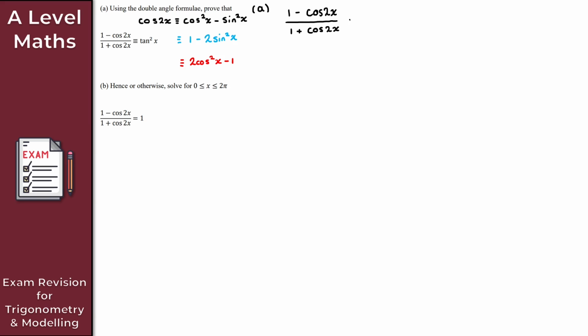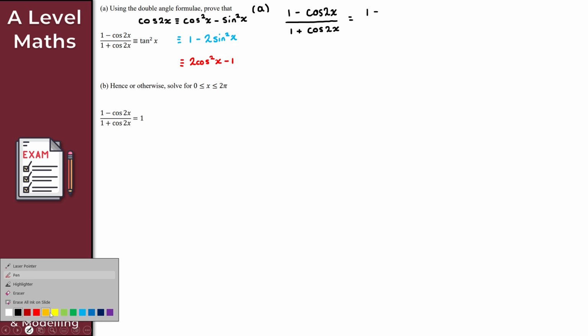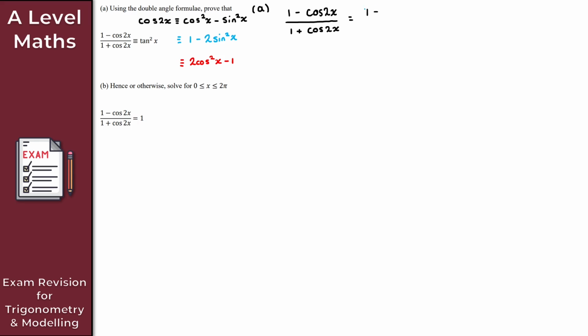Okay? If we do that here then, what would we get? We get 1 minus, and let me do this in the respective color, so light blue then, 1 minus 2 sine squared x. Okay, like so. And this here then is all over 1 plus cos 2x.